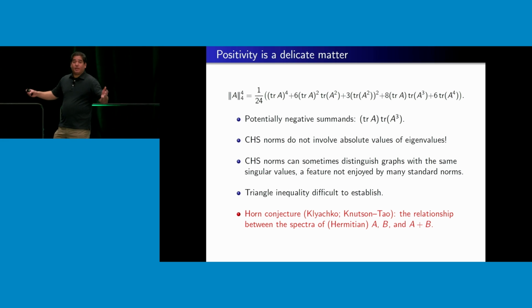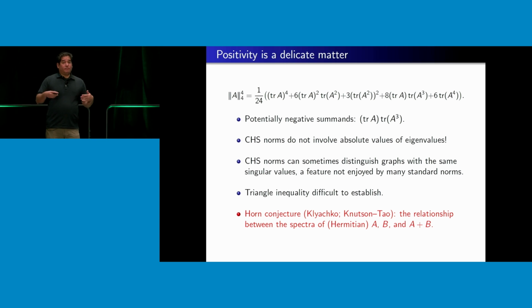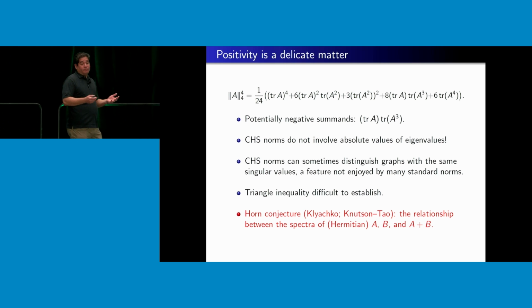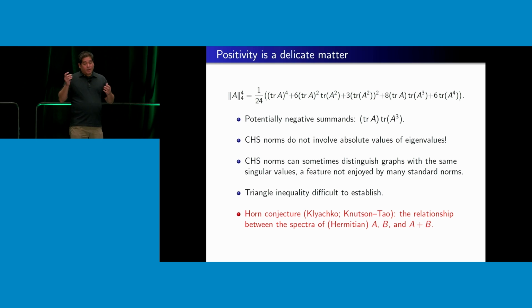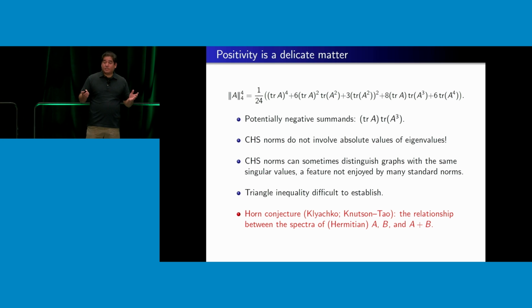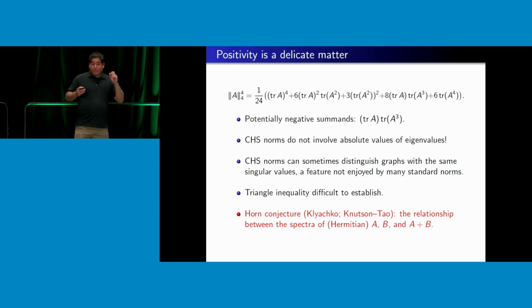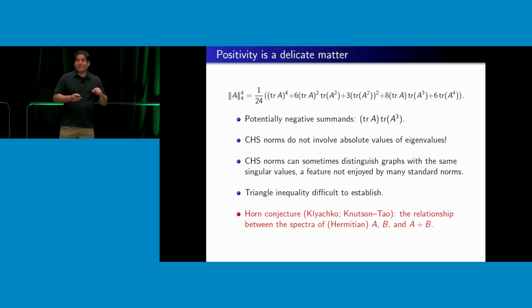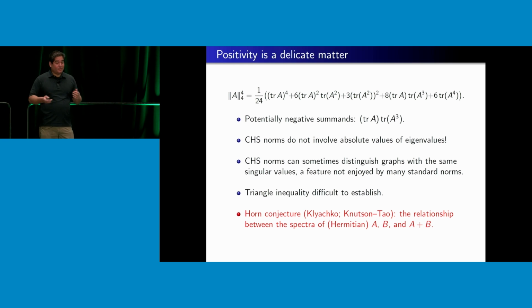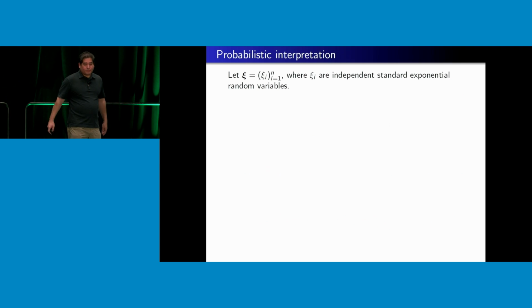The complete story of that relationship was not completely known until around 25 years ago. It was a famous problem called the Horn conjecture, solved by Klyachko, Knutson, and Tao about 25 years ago, so an important result. For the International Linear Algebra Society people here, that is not Roger Horn, that is Alfred Horn. Everyone thinks it's Roger Horn, the matrix theorist. It is Alfred Horn. So morally speaking, it's probably going to be difficult.